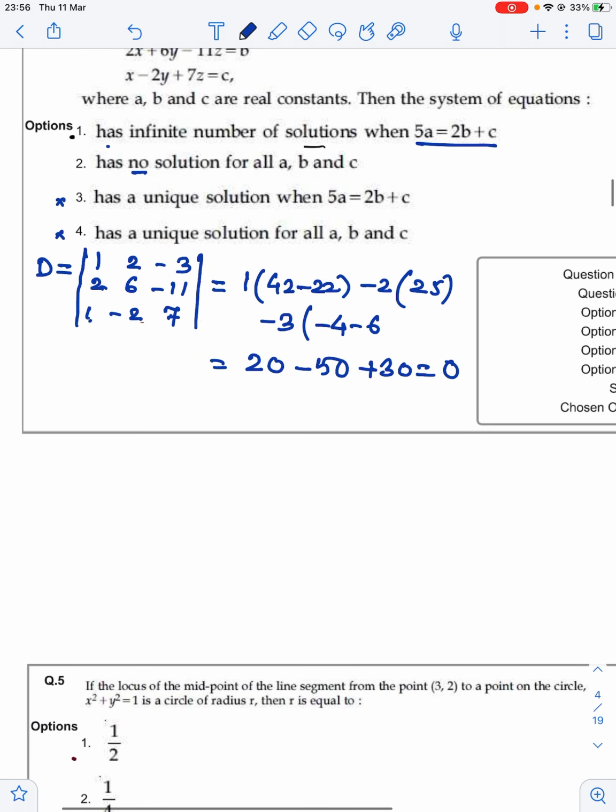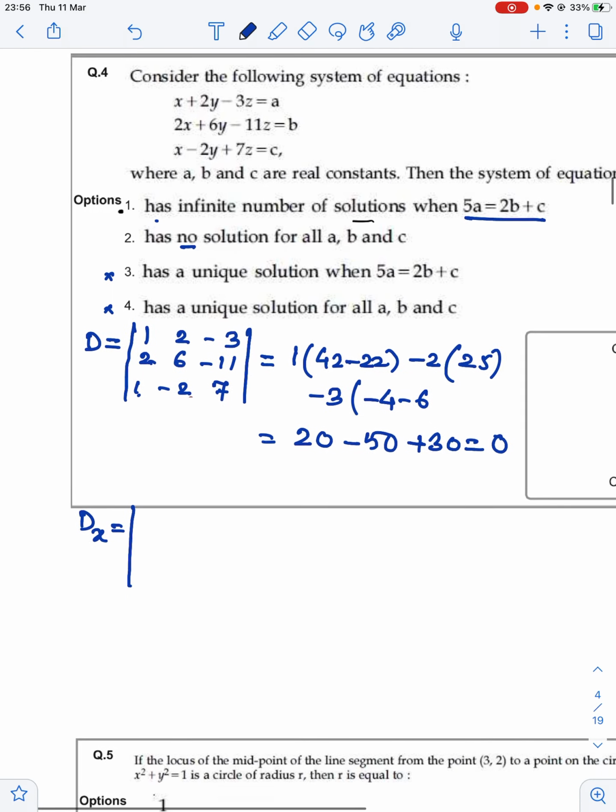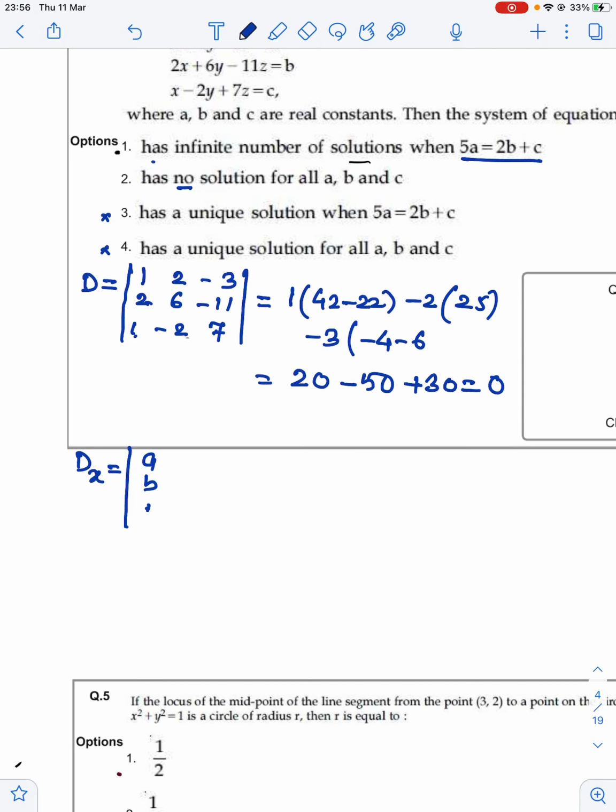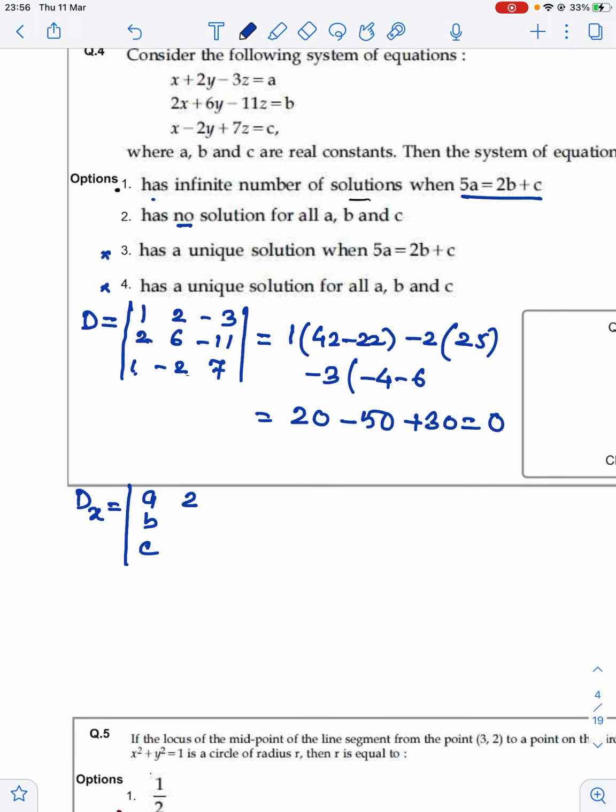Now let us check one of the dx, dy, dz. If one of them is equal to 0, then it definitely will have infinitely many solutions. Suppose we check dx, that is the x column replaced with the constant term column. So this is a, b, c, 2, minus 3, 6, minus 11, minus 2, 7.